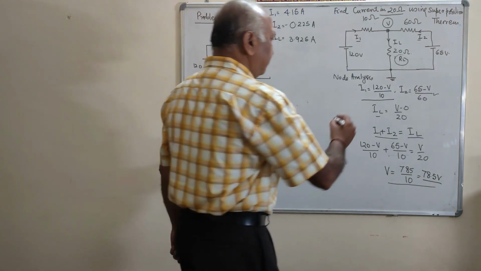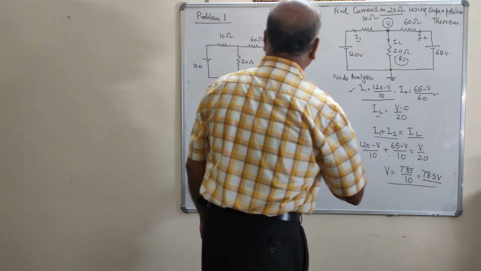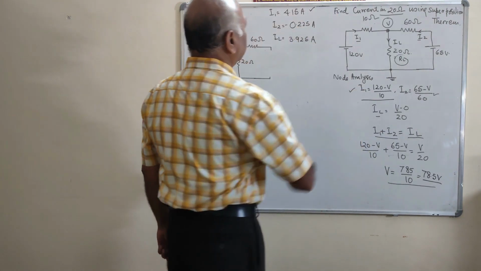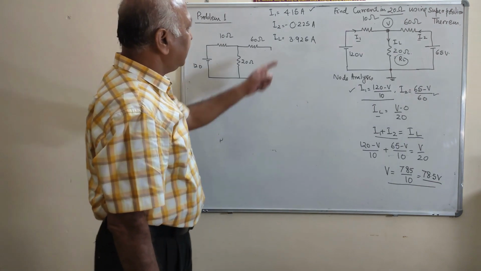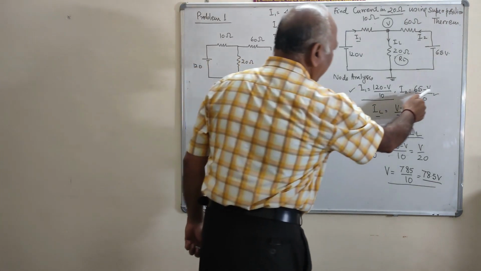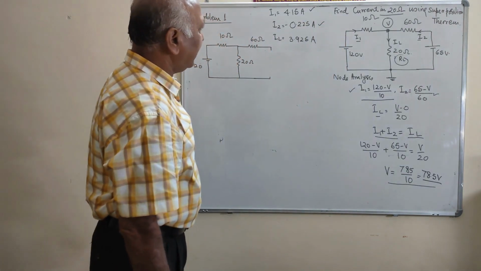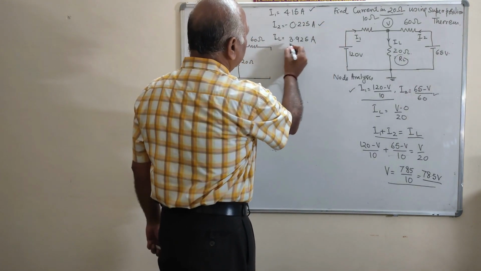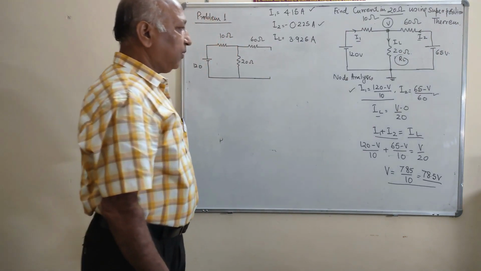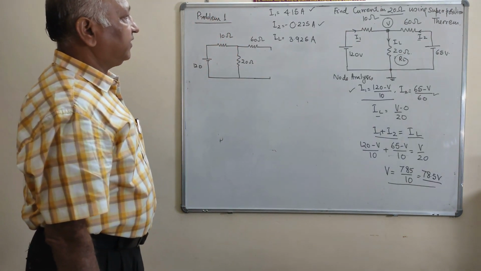Clear? When we put the value of V in I1, we get I1 equal to 4.15 ampere. I2, that is 65 minus V upon 60, we get minus 0.225 ampere, and IL is equal to 3.925 ampere. Clear?